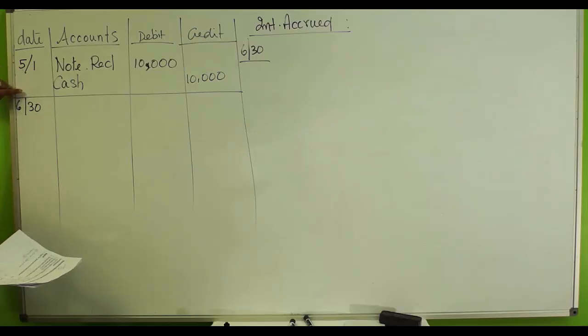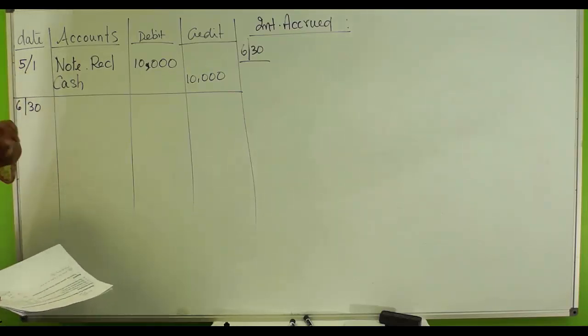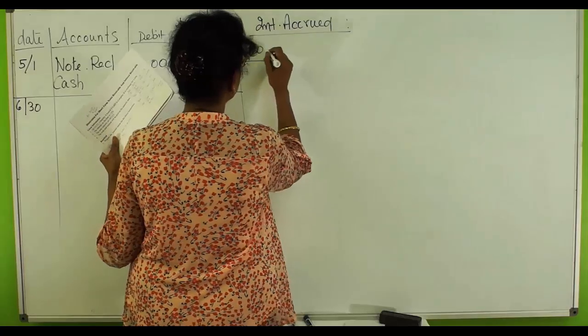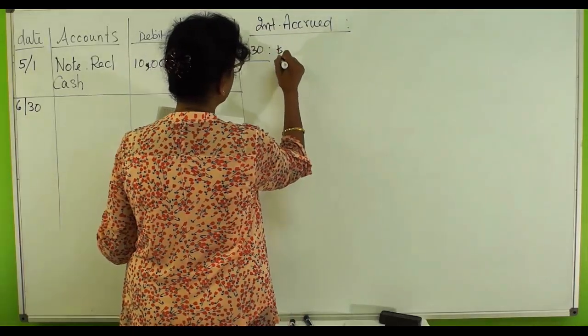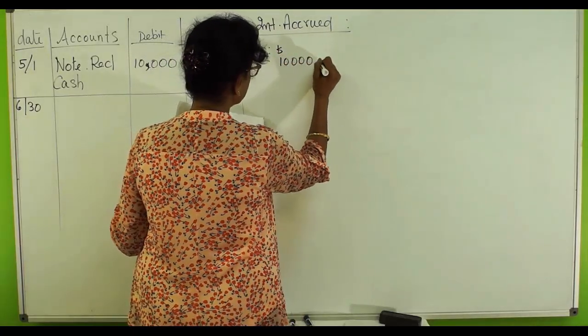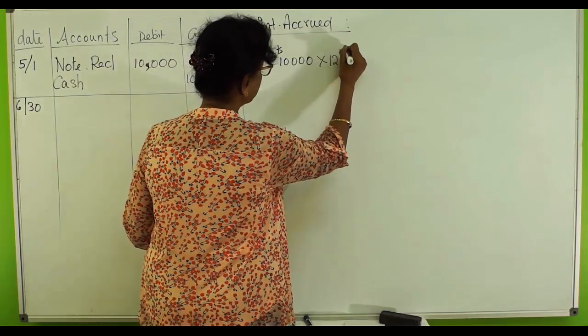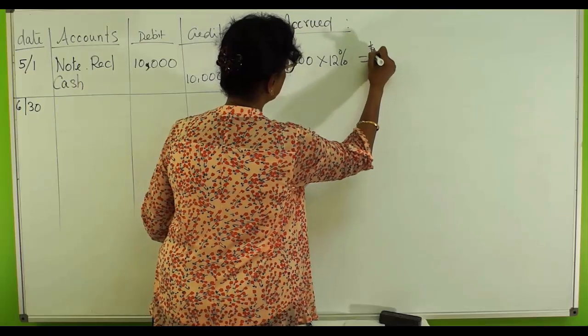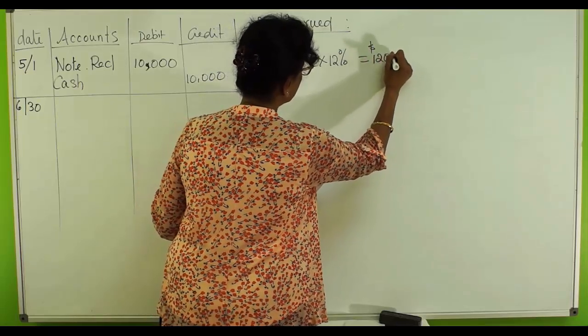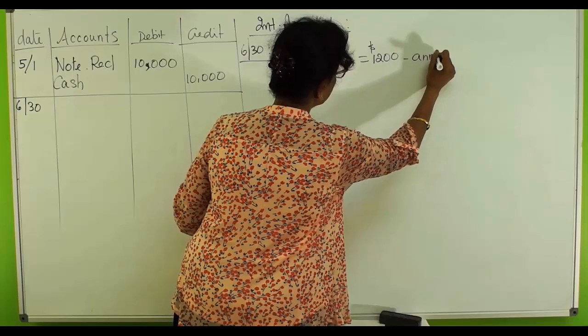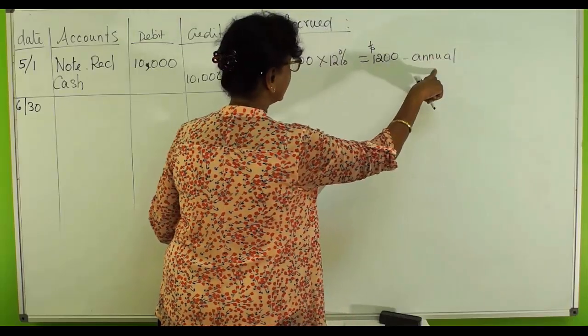May 1st to May 31st, May 31st to June 30, 2 months. So interest accrued on June 30 would be $10,000 is the note amount and the annual rate is 12%. So that gives you $1,200 annual interest for 1 year.